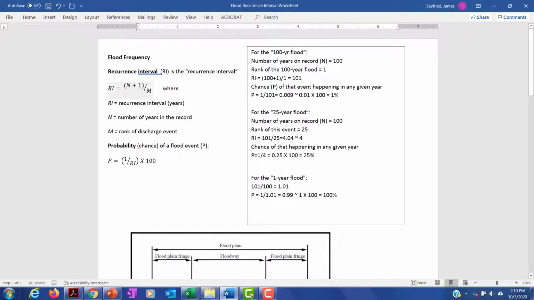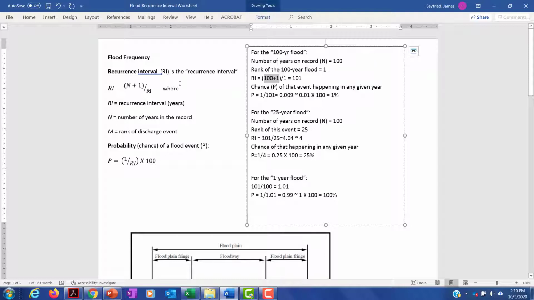And so the recurrence interval is the number of years on record divided by the rank. So a 100-year flood event, that's the number one ranked event. That is the highest event in 100 years. So the calculation looks like this. The recurrence interval is 100 years on record plus 1, divided by the rank of that event, number 1, is 101.